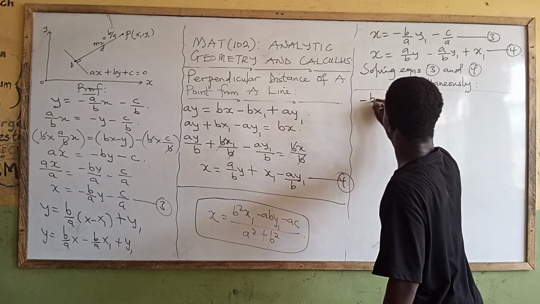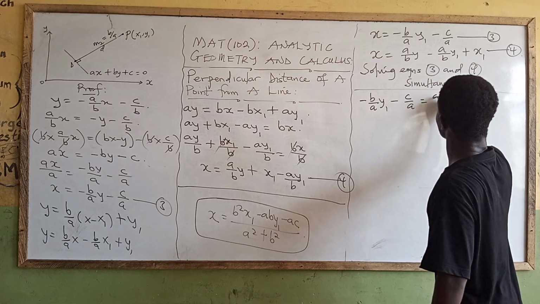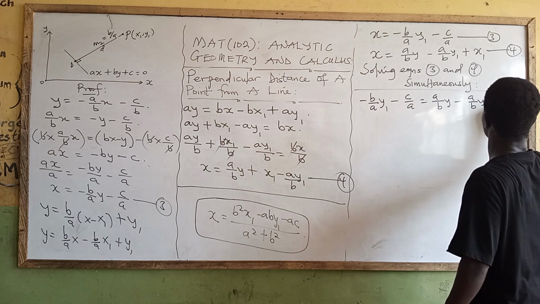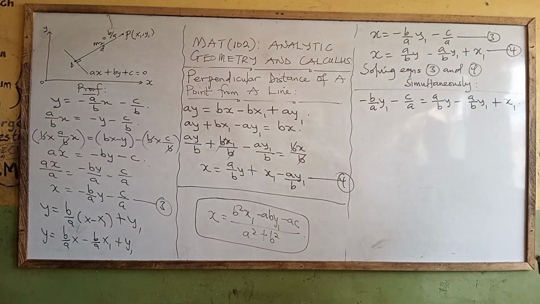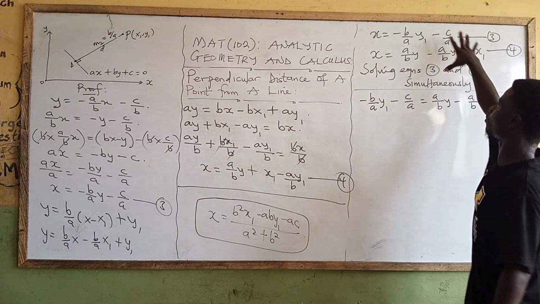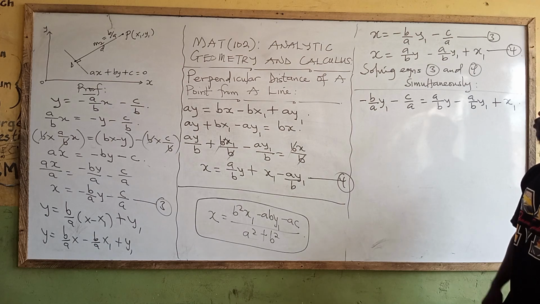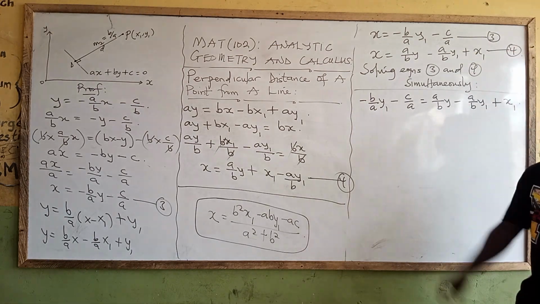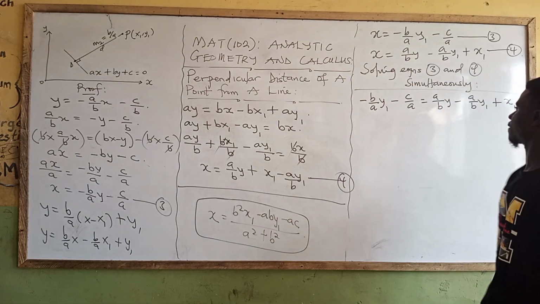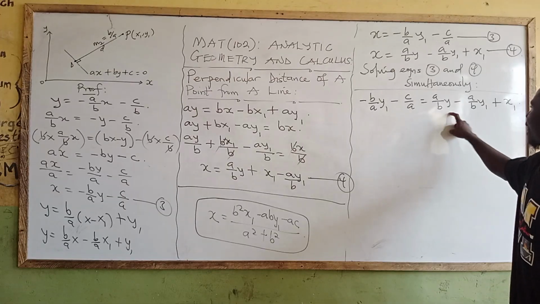So I get negative b over a y minus c over a equals a over b y minus a y1 over b plus x1. Because this is x equals that, x is also equal to that. So we equate equation 3 to equation 4. Since x is the same thing as that, x is also the same thing as that. So now we want y. This time around we want y.